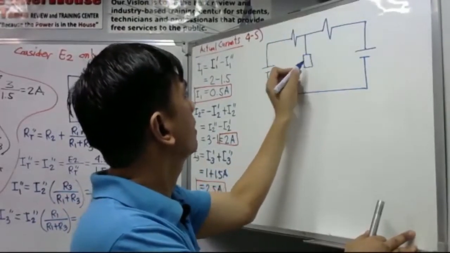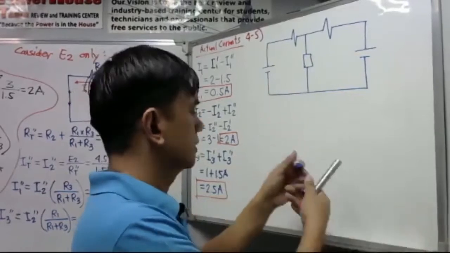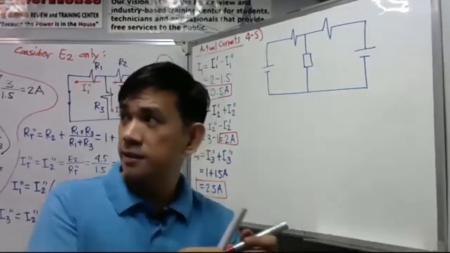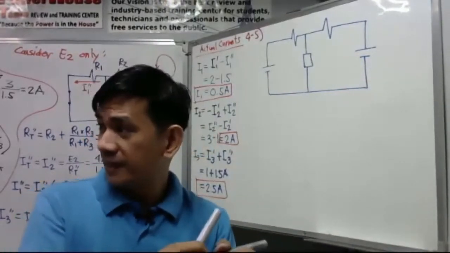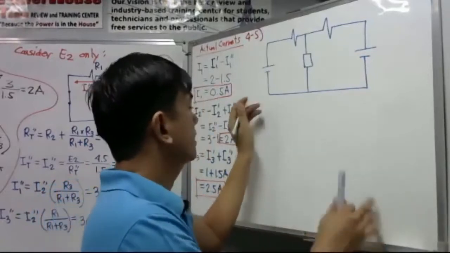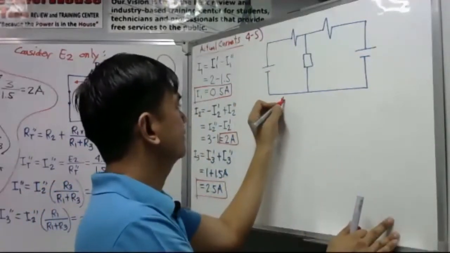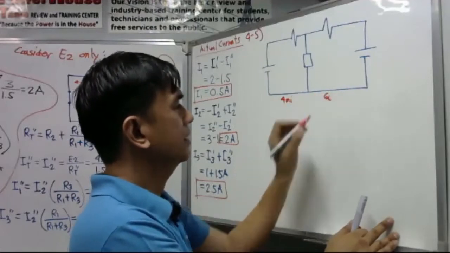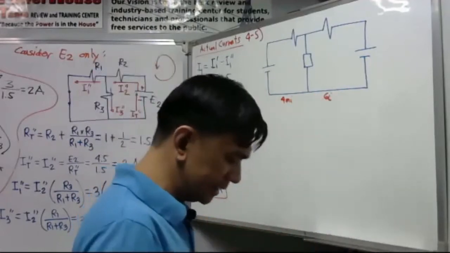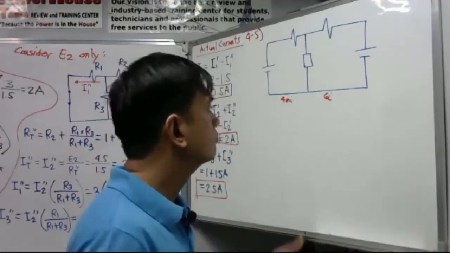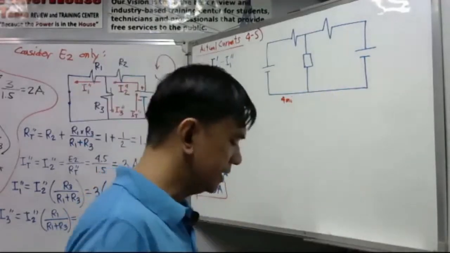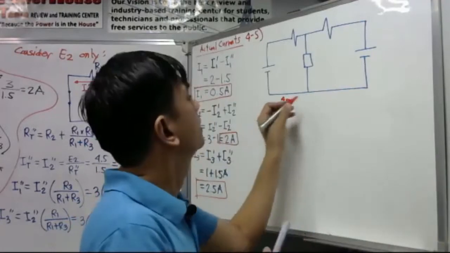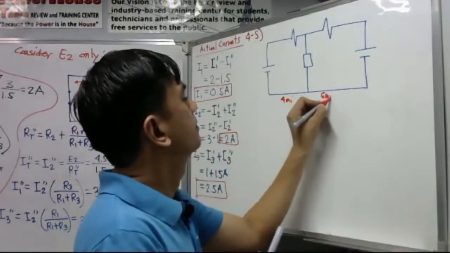Basically, this is the car, which is 4 miles. The distance is 10 miles. So, if this is 4 miles, this will be 6 miles, because the distance of the two stations is 10 miles.